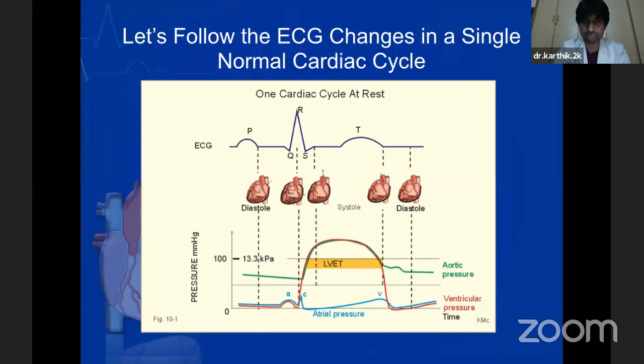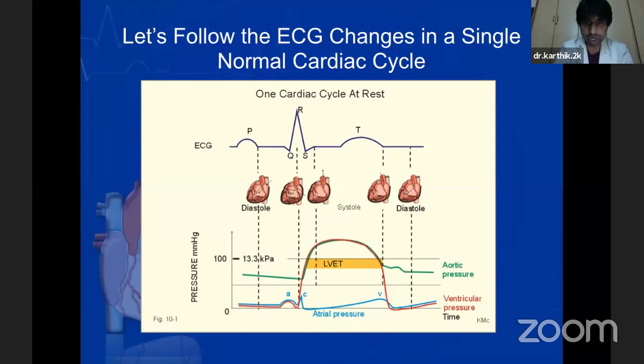And if you do a pressure tracing, you can see the pressure changes in the aorta, with a gradual decrease in the aortic pressure, which is represented with a green line. Let us follow the red line, which is the ventricular pressure tracing. As the ventricular systole starts, there is an increase in the pressure in the intraventricular chamber.